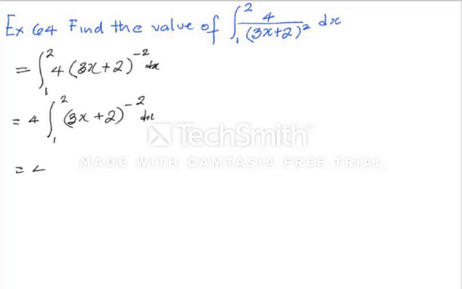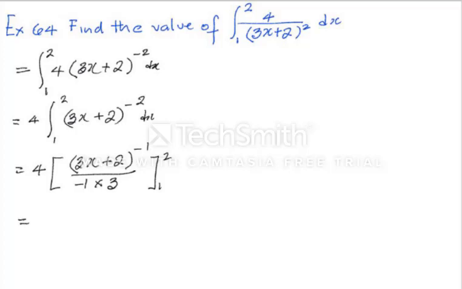Now if I integrate this, I'm going to get 4 times 3x plus 2. The power is going to increase by 1, so the power becomes minus 1. Divide by the new power, which is minus 1. And I also have to divide by the differential of the inside function, which is 3. So I have to divide by two things: the new power, and the differential of the inside function.